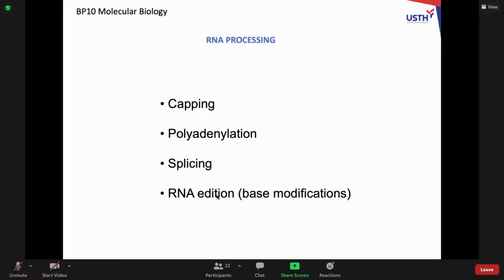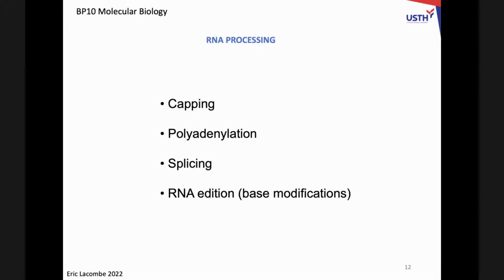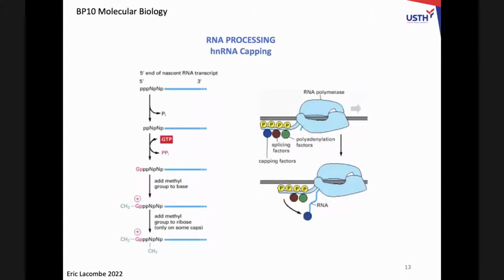And after that, we're going to see how technically we study protein interaction in the promoter region. Just for the capping, the idea is that you understand by the 3 or 4 following slides that all the processes happen at the same time during transcription. It's not a sequential process.